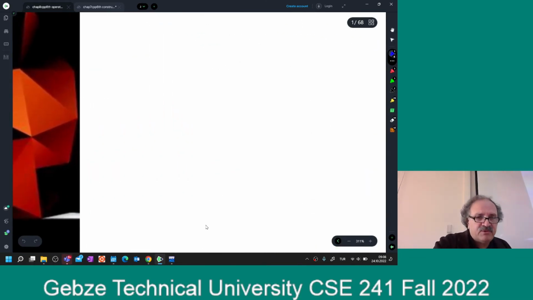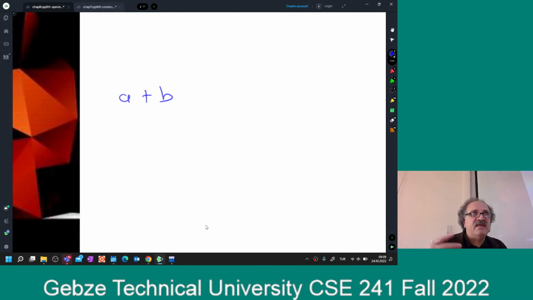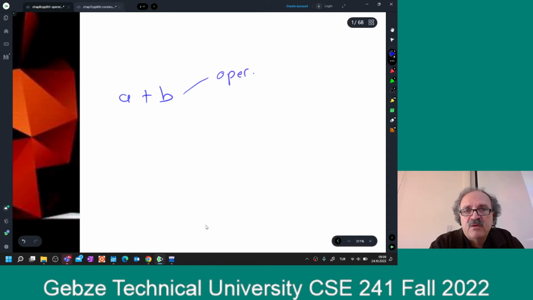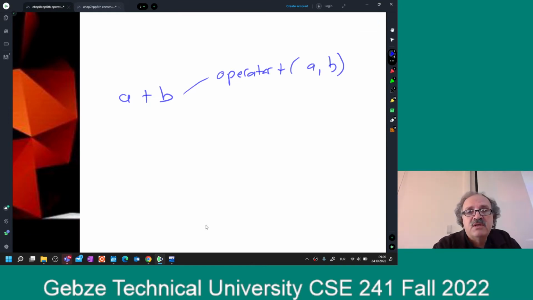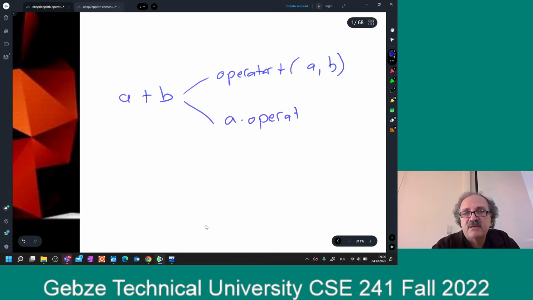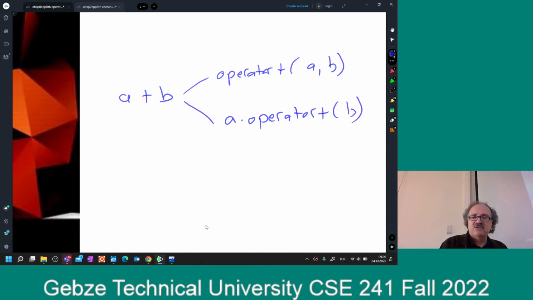Whenever a compiler sees an expression like a plus b, a minus b, a equal to b, a less than b, and so on, it is going to try to call either a global function, operator plus with a comma b, or it will try to call a dot operator plus b. What does that mean? A has a class.